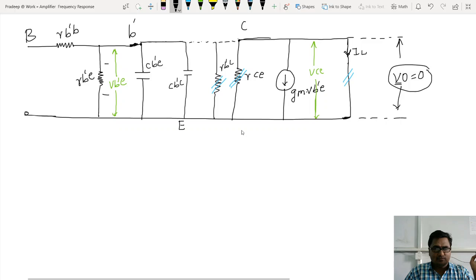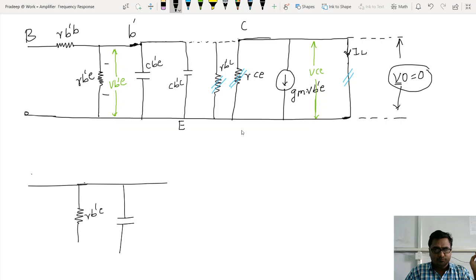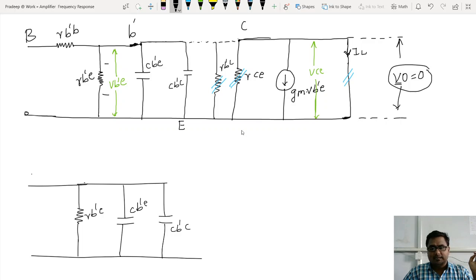modified as, now look at this. See what I'm drawing here. I'm just drawing RB dash E, then two capacitors, one and two. What are the names? One is CB dash C, another one is CB dash E. And what is the remaining part?